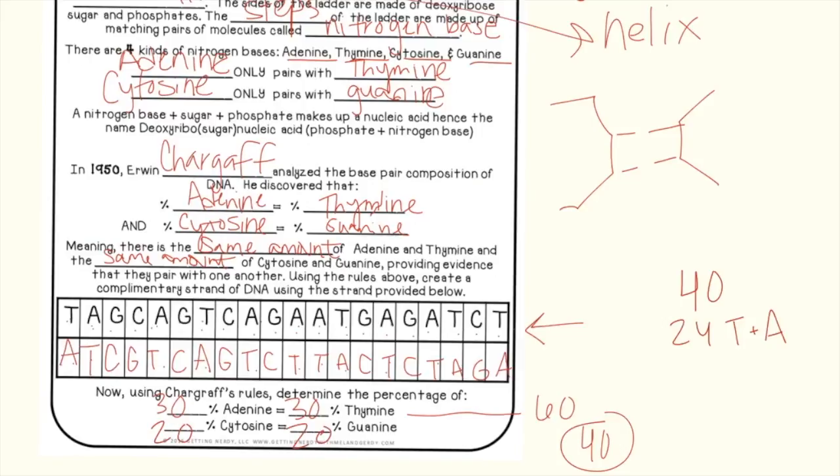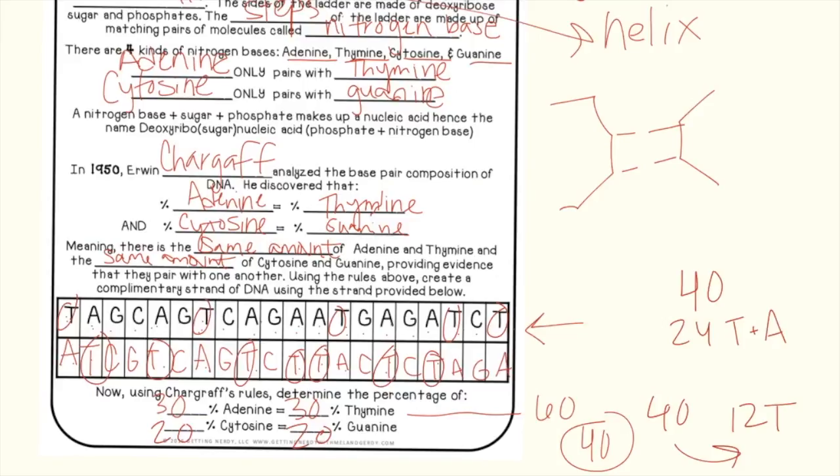Maybe if we just do the T's. There are 12 T's out of 40. Okay, so that's where we get the 30%.